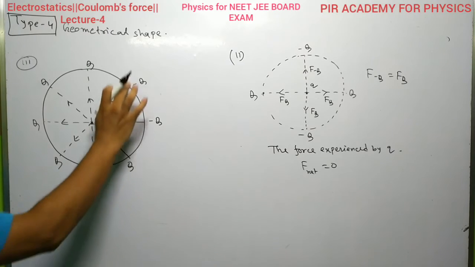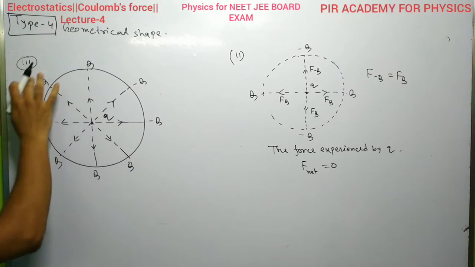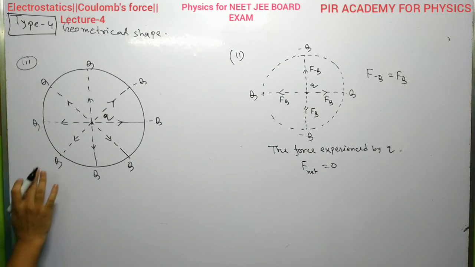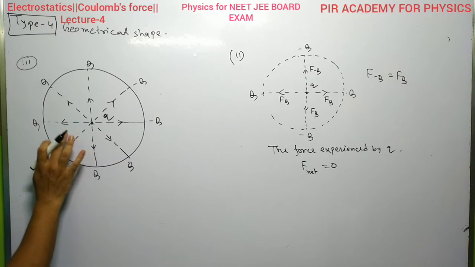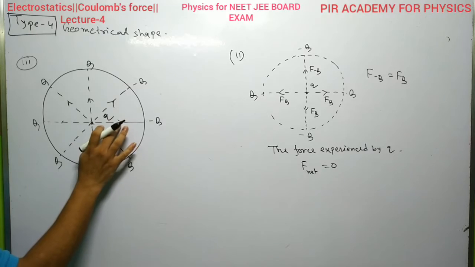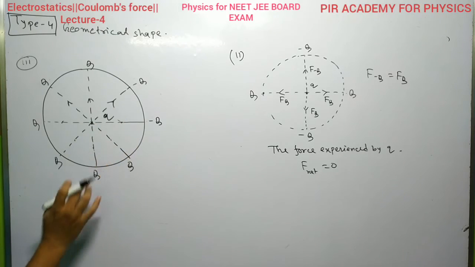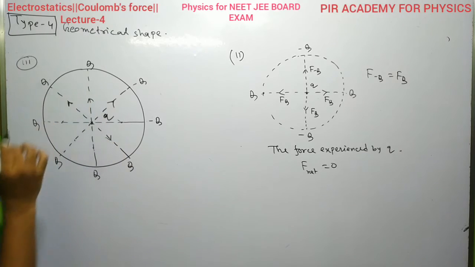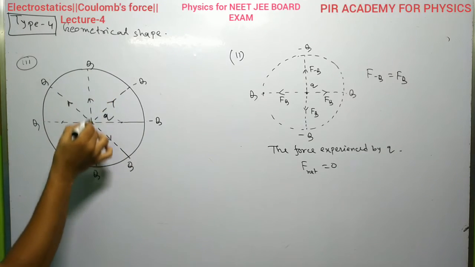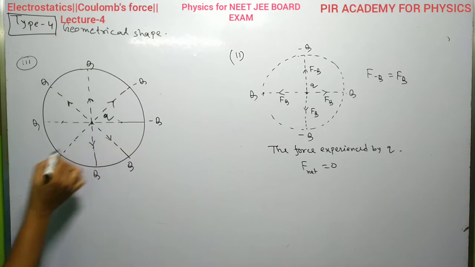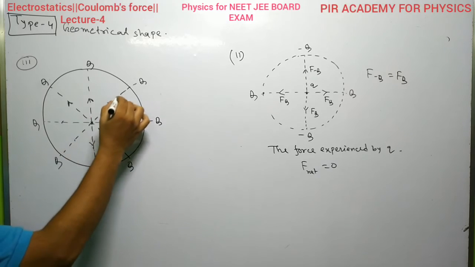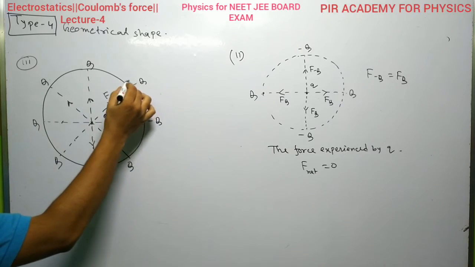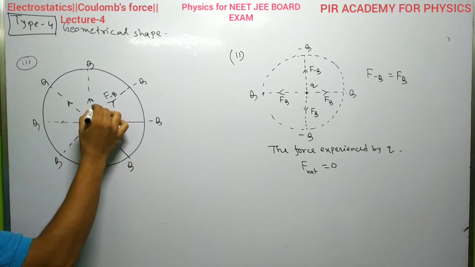Due to these two charges, the forces are opposite to each other, but due to this charge it will repel along this direction, and for this minus Q charge it is attracted.